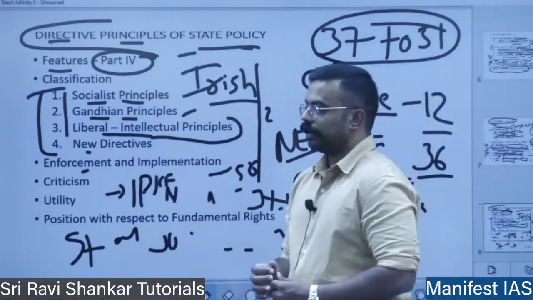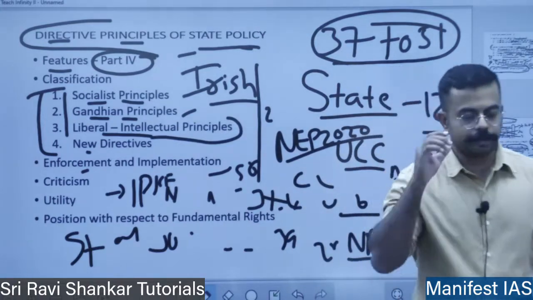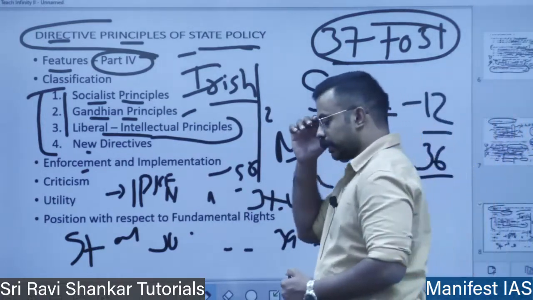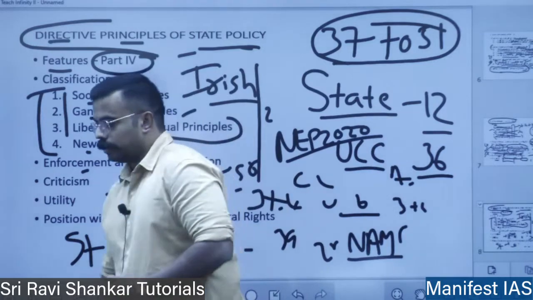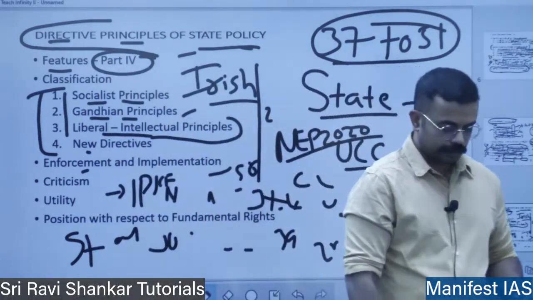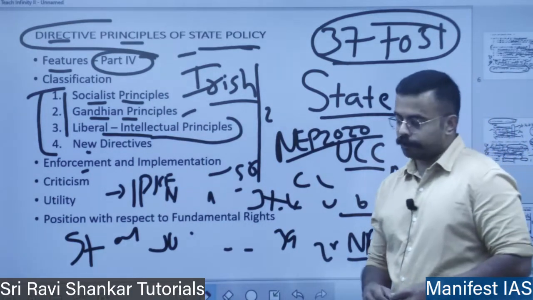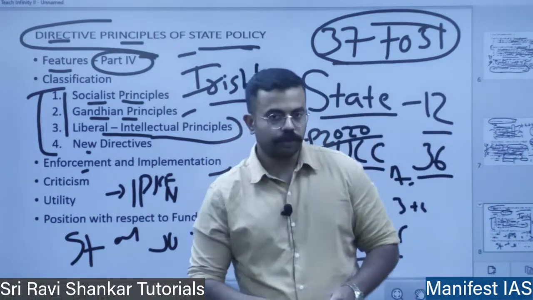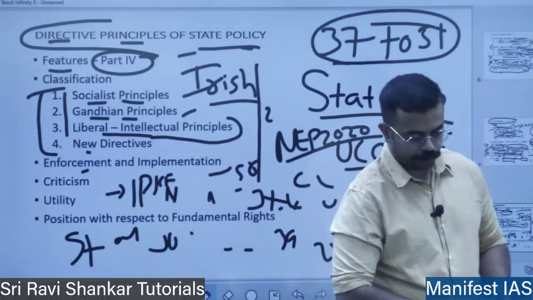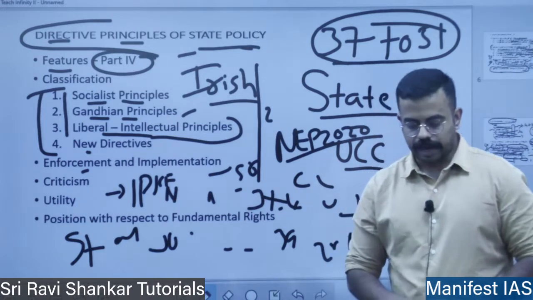The Cow Protection Act was enacted by various state governments, and also prohibition of alcohol, and we have the Community Development Program, Wildlife Protection Act 1972, Forest Conservation Act, and various other things were enacted.